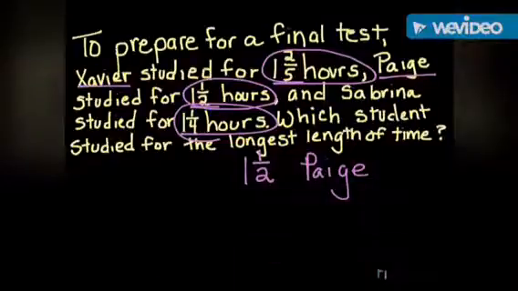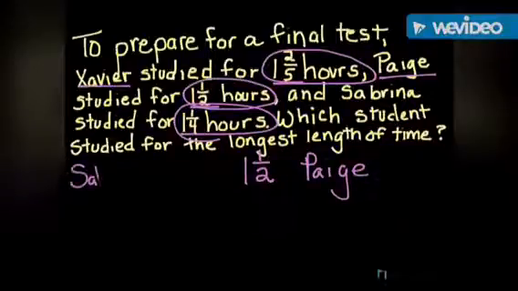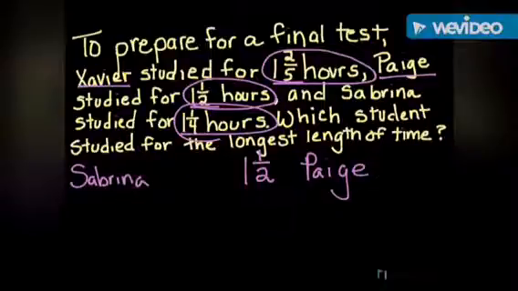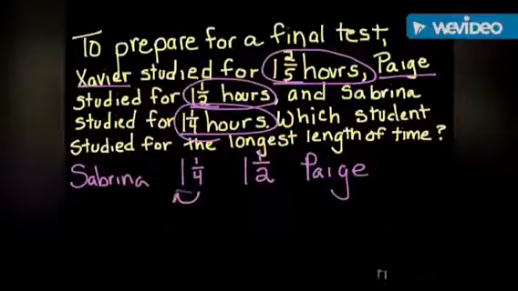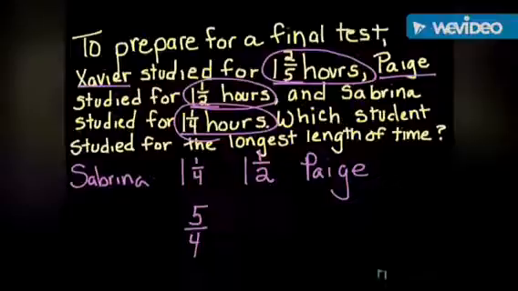All right, next I'm going to look at Paige, 1.5. Okay, Sabrina. So Sabrina studied for 1 1/4 hours. Again, I'm changing my mixed number into an improper fraction. So 4 times 1 is 4, plus 1 is 5. So this would be 5/4.